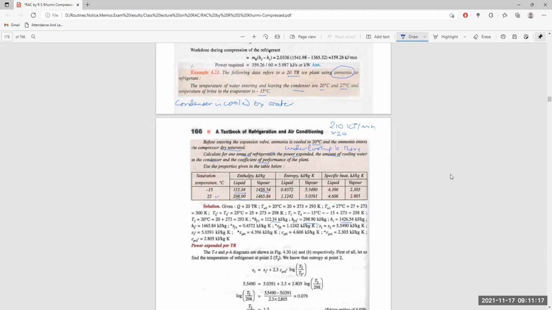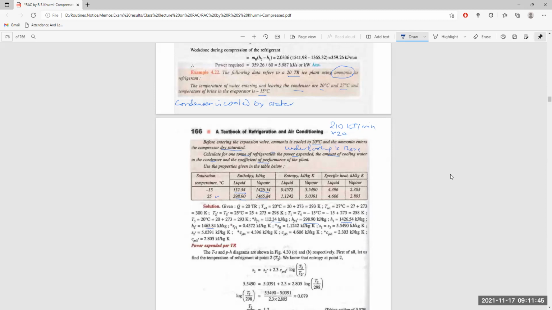And H2 dash is the enthalpy at the inlet of the condenser, means enthalpy of the ammonia in vapor state at the entrance of the condenser, which is given as 1465.840 kilojoule per kg.